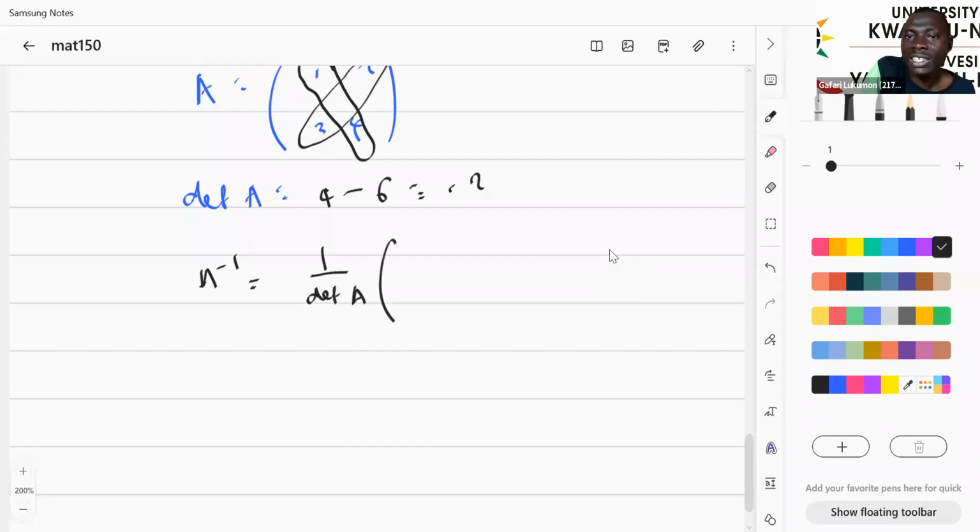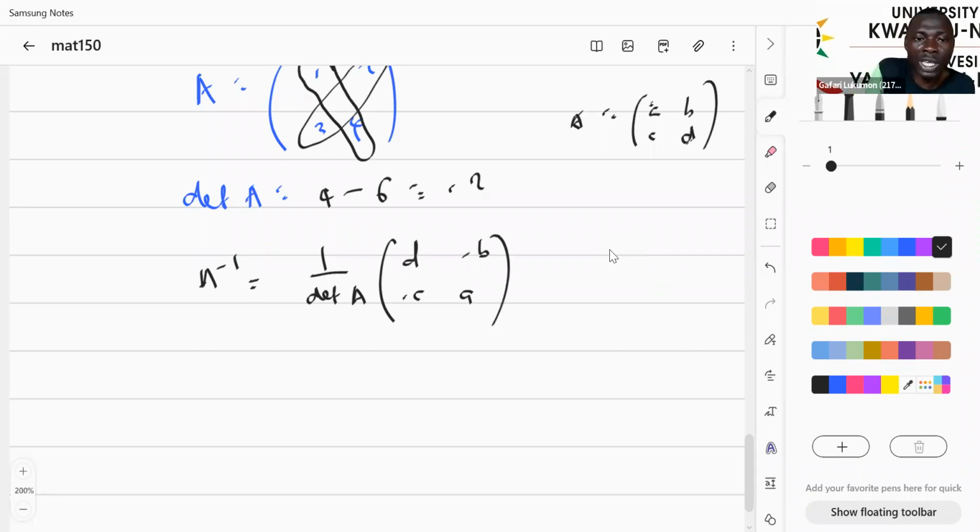Maybe if my A is again A, B, C, D, then you find 1 over the determinant of A, and inside this matrix you interchange the elements along the leading diagonal. This will now give me D instead of A before. Then you multiply the elements along the second diagonal by minus 1. Then this will be minus B, minus C.